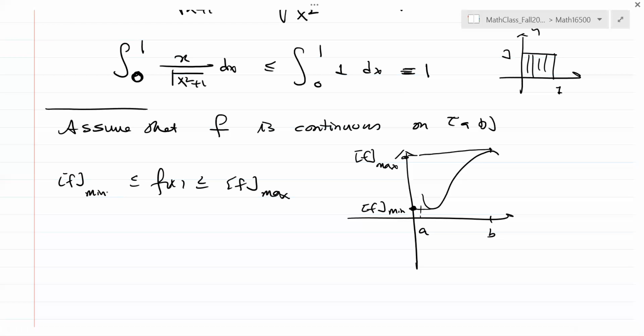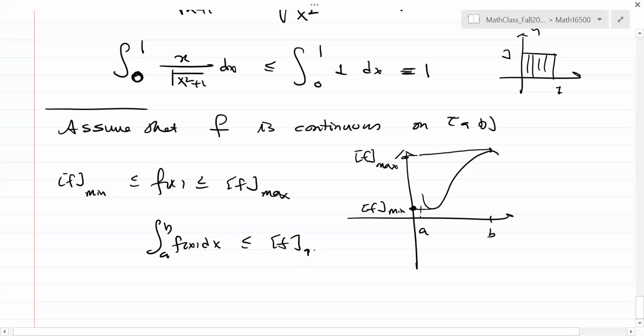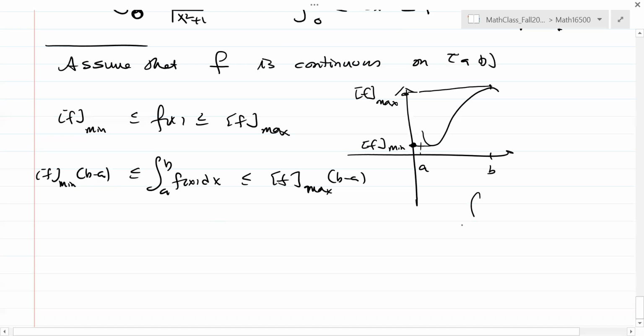All right, so you can put the integral on both sides. And on this side, the integral of a constant will be just the constant times the size of the interval. Here I'm using this property: if it's a constant k, the integral is k times b minus a.